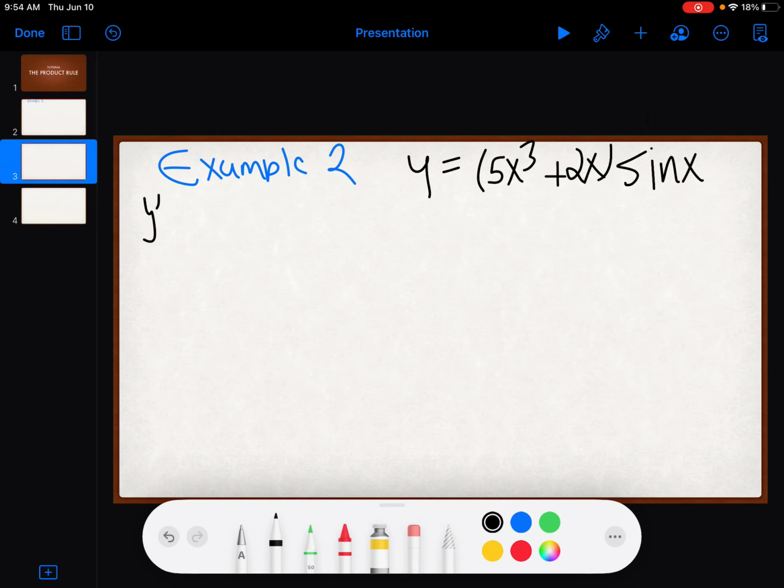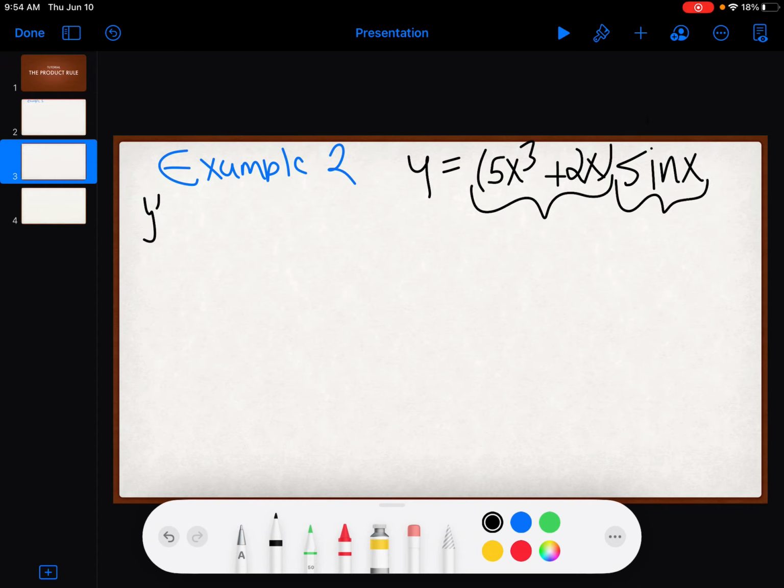Well, again, let's assign parameters. So we know that we use the product rule when we have two or more functions being multiplied together. And here we can see we got two functions being multiplied together. We got this in brackets here times this function.